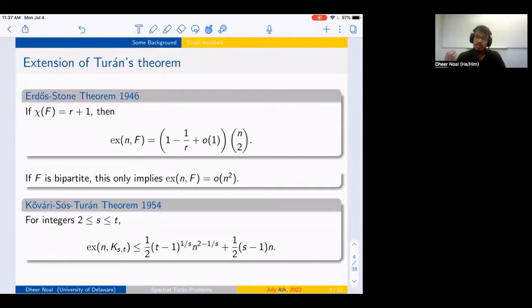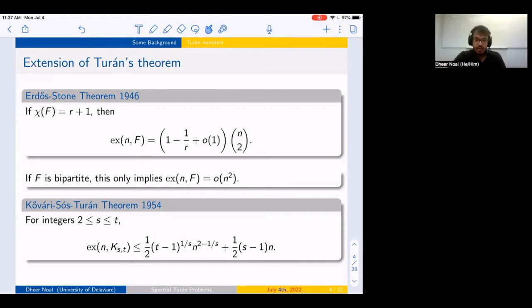Now, if your forbidden graph is bipartite, then all it really tells you is that the Turán number is small o of n squared. So we don't have much in those cases. But the bipartite case is a beast of a problem of its own. And there are results for some basic kinds of bipartite graphs, but a lot is unknown.